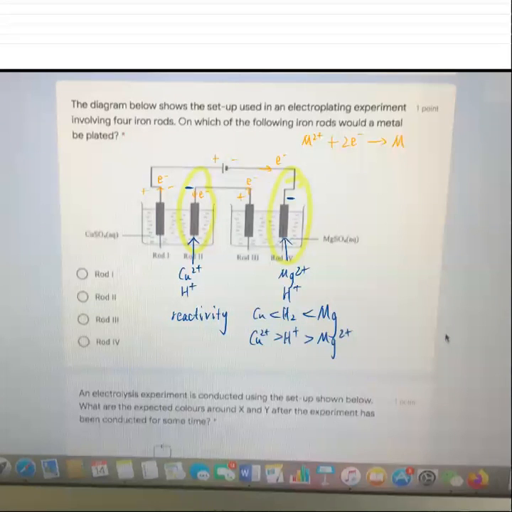It should be the copper 2 ion that gets preferentially discharged. Copper 2 ion will gain electrons and turn into metal and be coated on the rod.